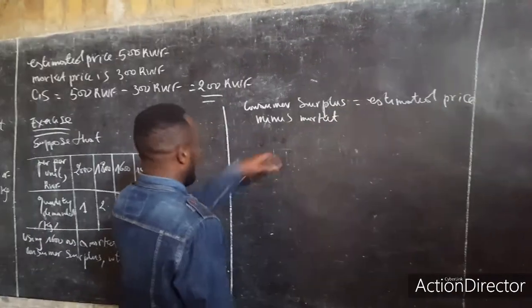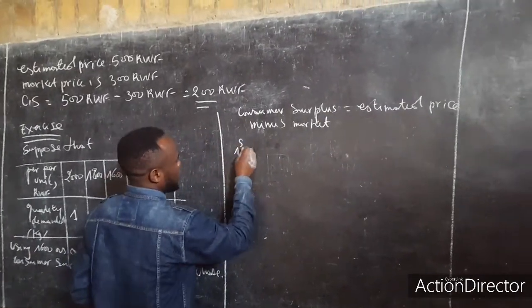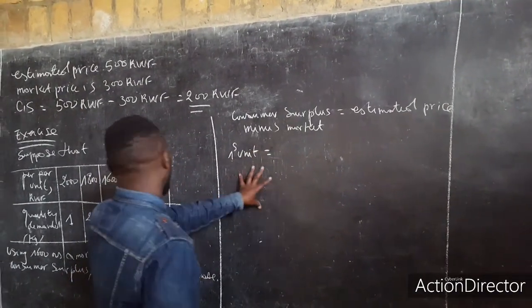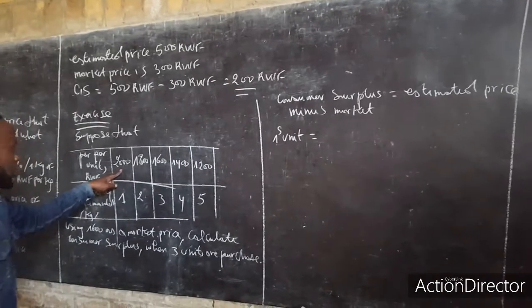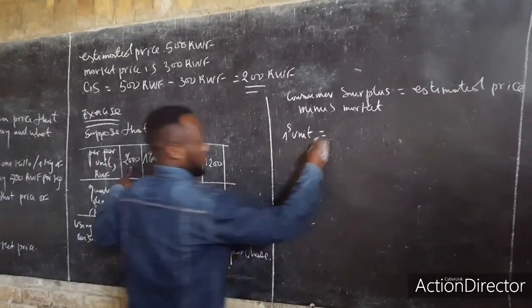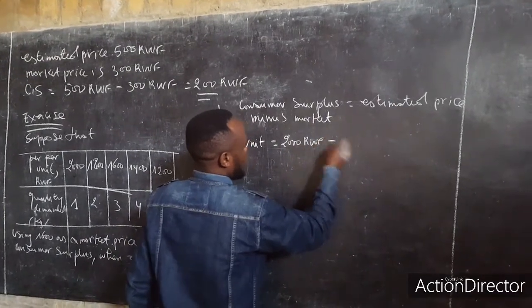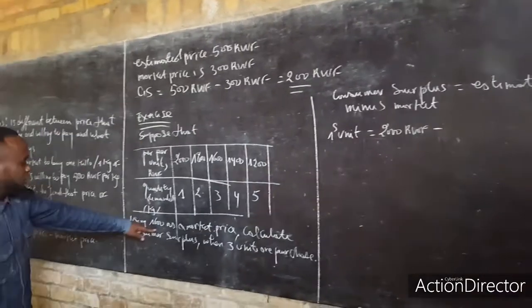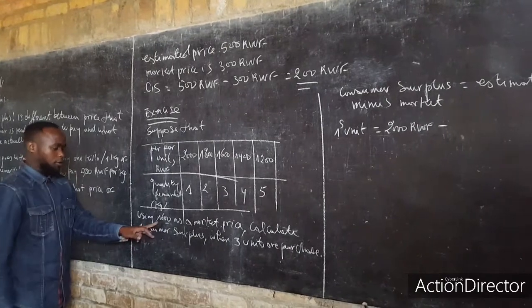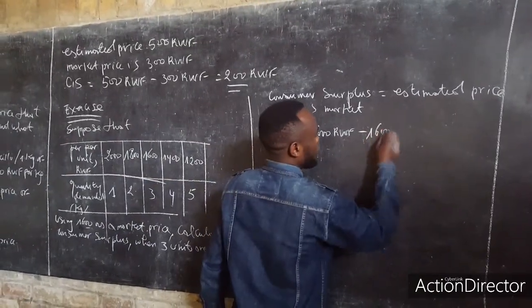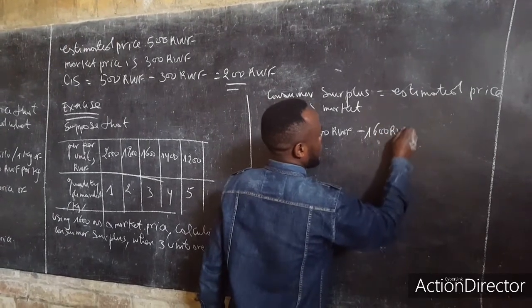For each unit, first unit, estimated price is equal to 2,000 francs minus a market price of 1,600 francs.